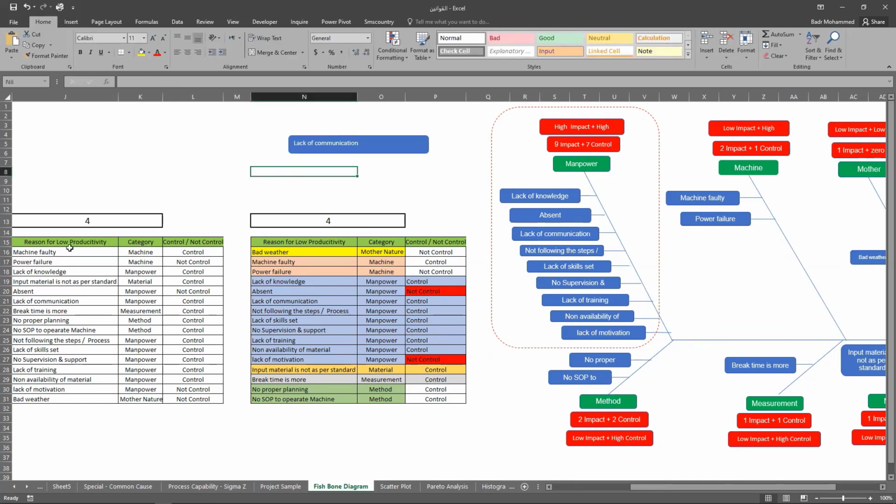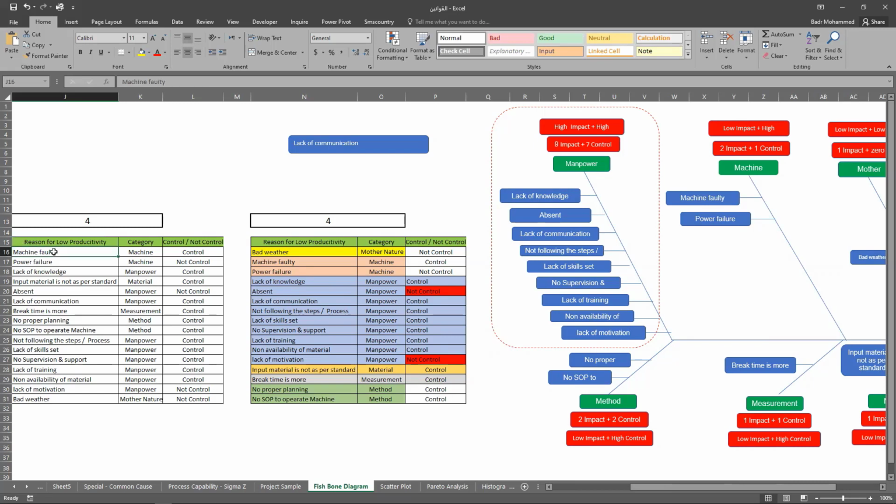Why? Because during your work in green, for one problem you may have 9 to 12 fishbone diagrams. Imagine, from 1 to 12 fishbone diagrams for only one Y. This will take time. So this is a waste of time.